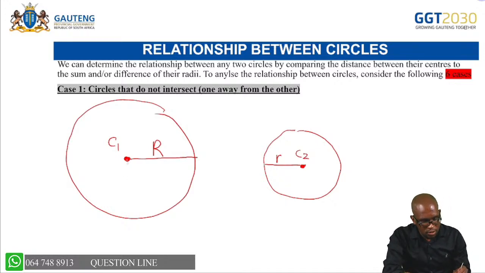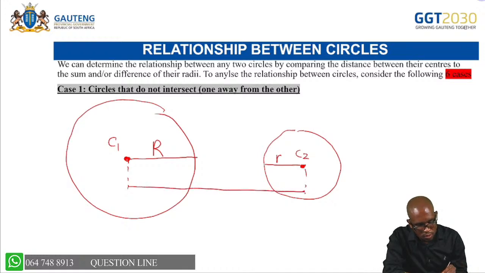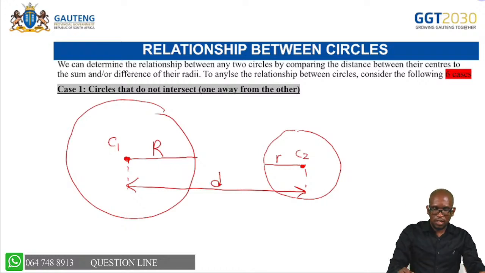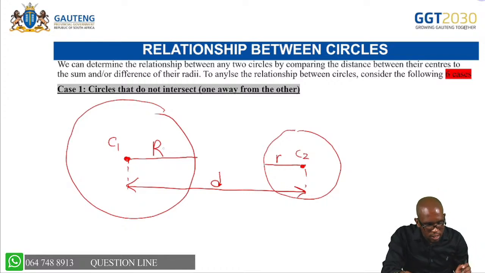Then you need to compare that with the distance between their centers. That is D. Remember, if you have the coordinates of the centers, you can use the distance formula to determine that. To determine big R and small r, you'll get that from the standard equation of the circle.